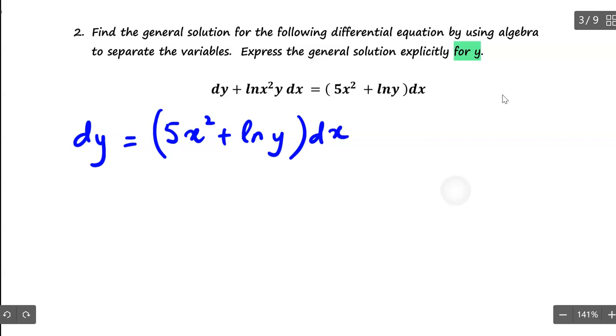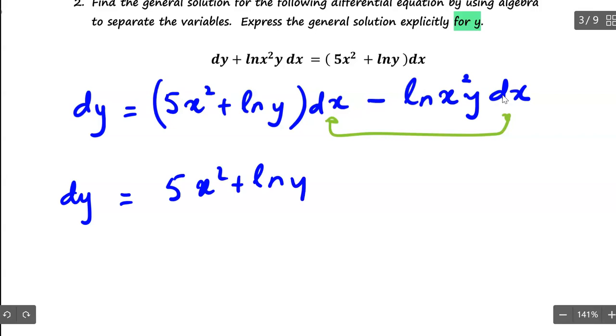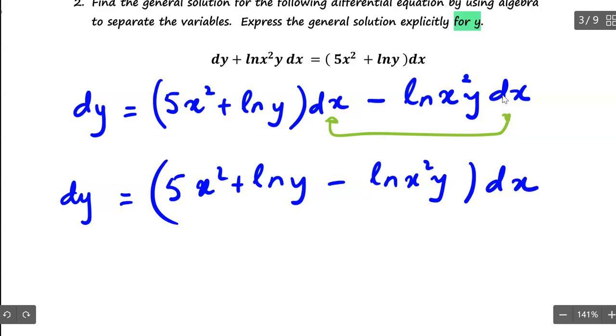Then I will subtract ln of x squared y and then dx. Okay, so we are going to factor this out, right? So what we do is we have 5x squared plus ln of y, subtract ln of x squared y, everything multiplied by dx.